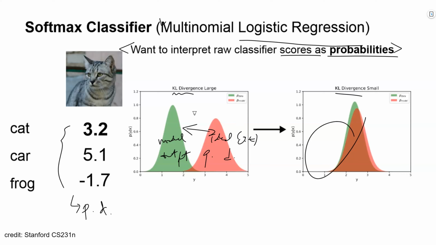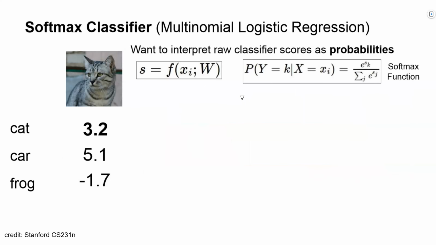In this case, the distance is quite large, and this is the beginning of training. And softmax helps us do this. The softmax function looks like this, and this one does not look intuitive. So I'm going to give you a concrete example here.